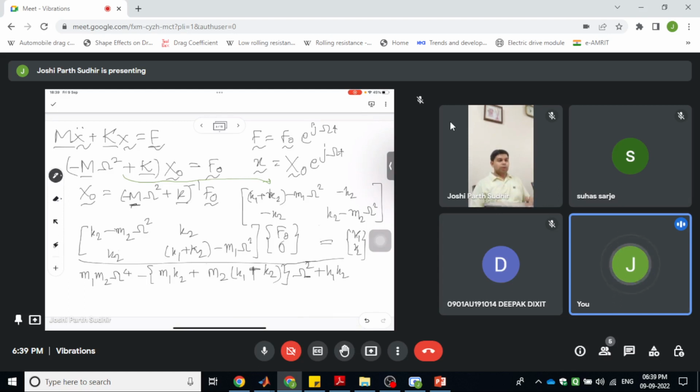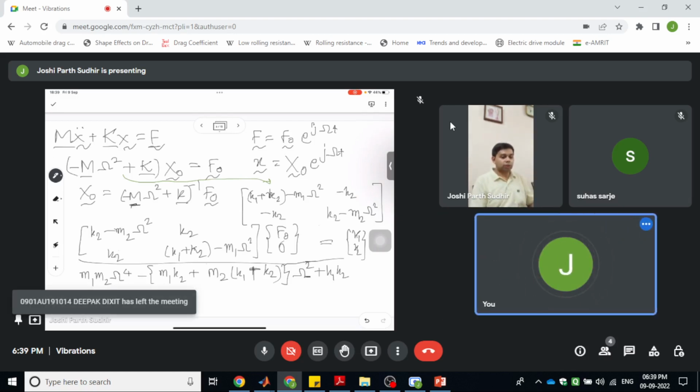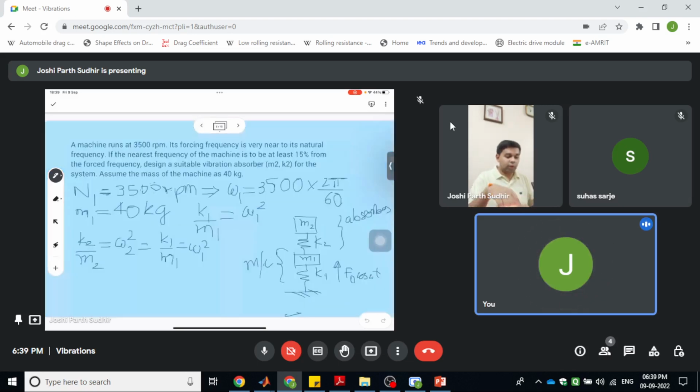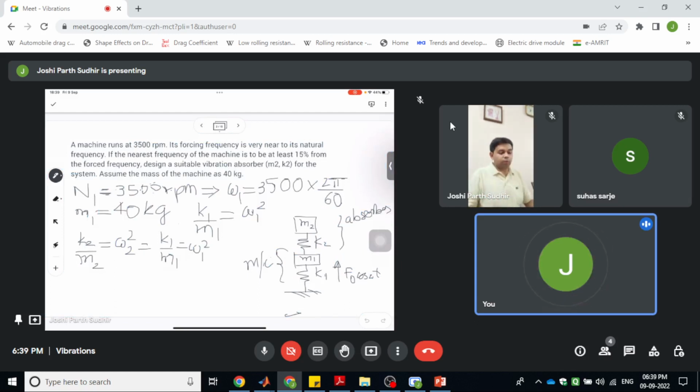So for designing the vibration absorber at resonance, when it is operating at the resonant frequency of the original machine, here it has been given that our machine is operating near its natural frequency.